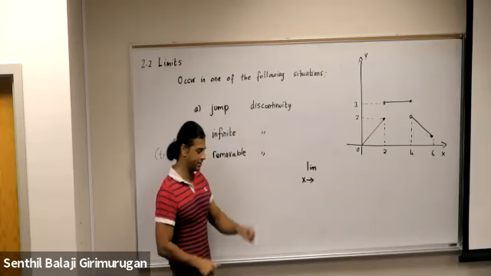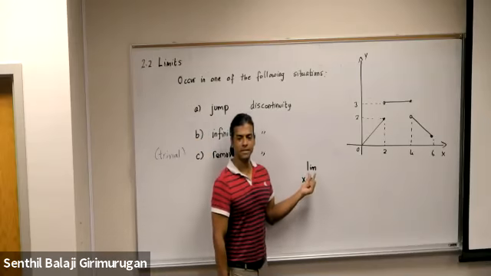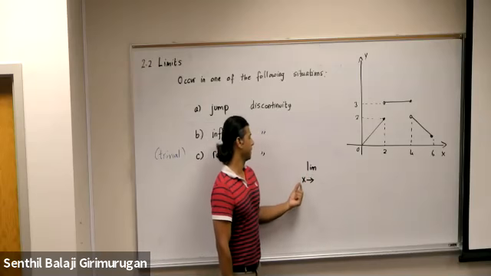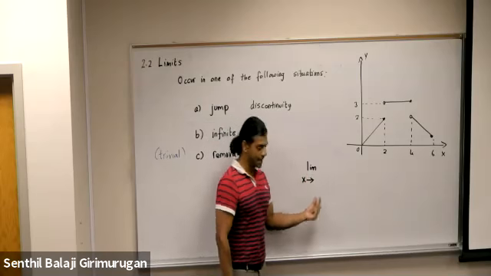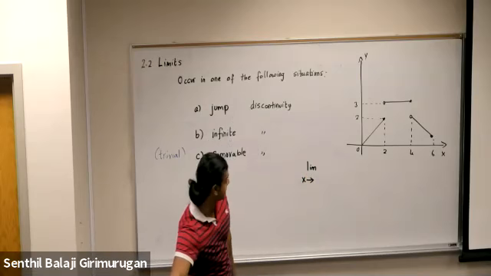That is the notation. Lim stands for limit. X, the arrow means approaches.